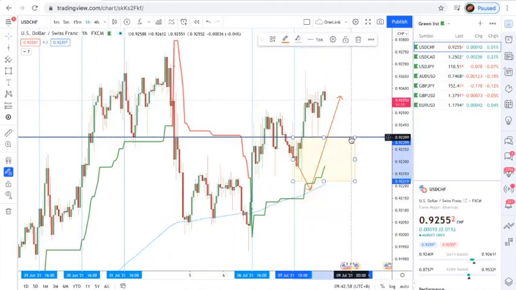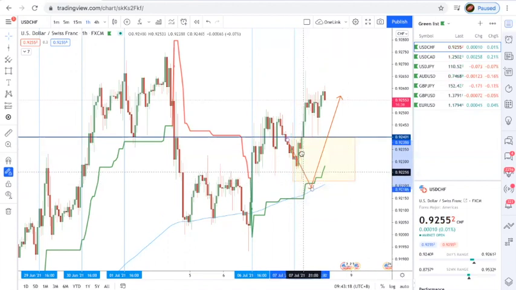So this will be the zone, because it might go until here, test this particular moving average. The market might come and test here. So this will be your upper and lower buying position.